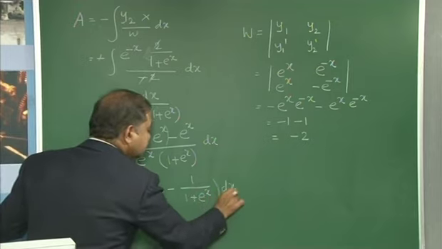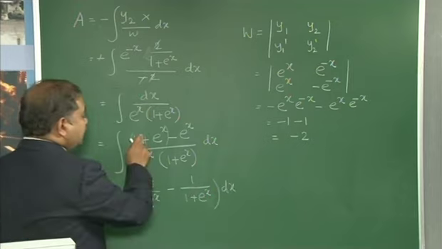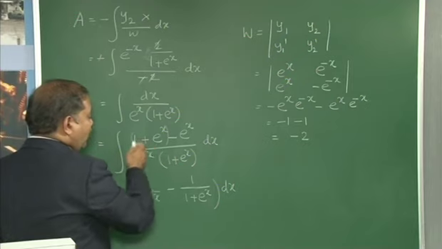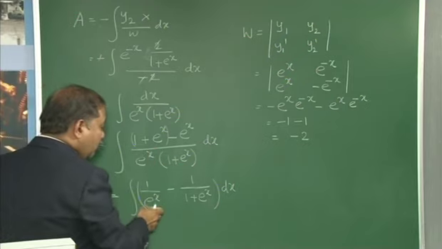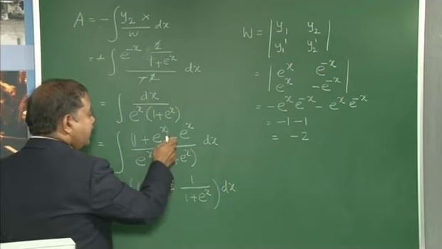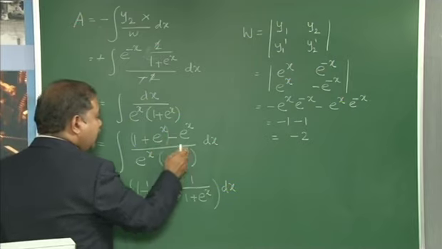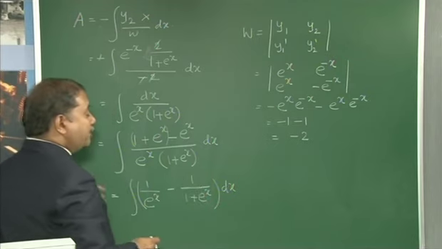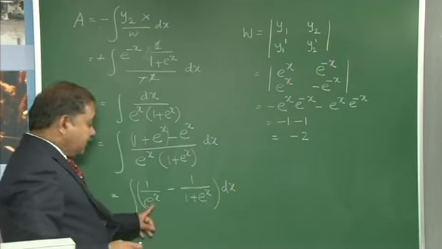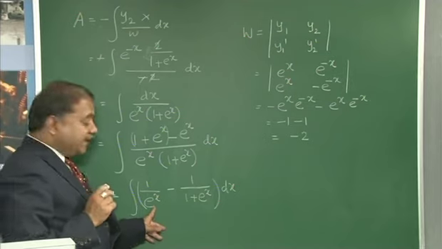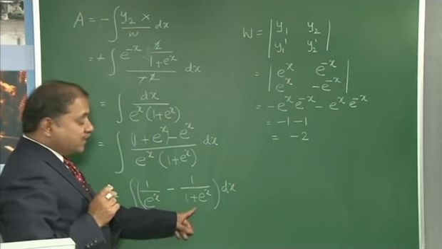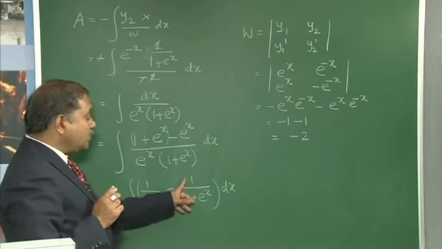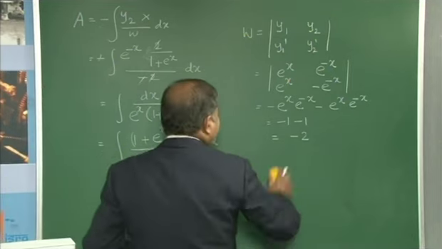dx. 1 plus e power x by the denominator, 1 plus e power x gets cancelled, 1 by e power x, minus e power x by the denominator, e power x gets cancelled, 1 by 1 plus e power x. Still this can be integrated easily, but it is not so. So, again in the numerator you add and subtract e power x.